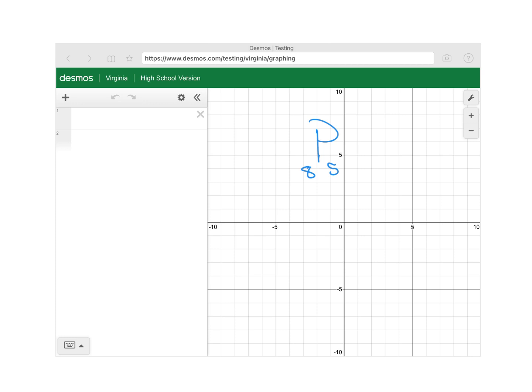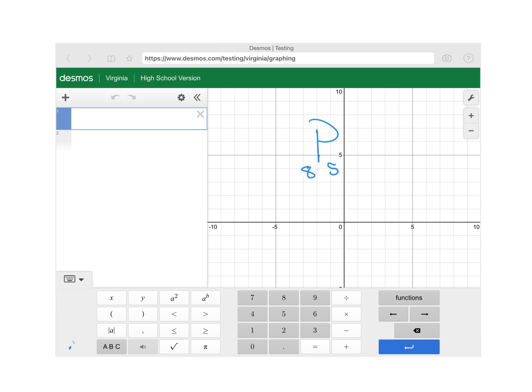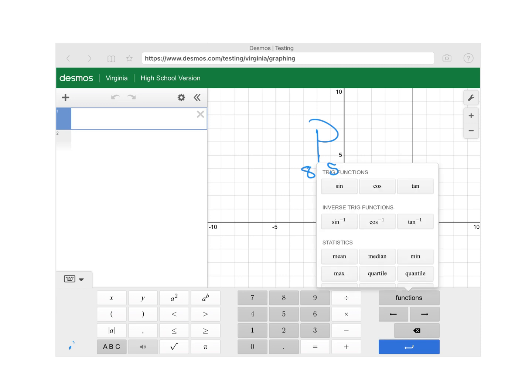All right, I'm going to show you how to do a permutation on Desmos. So we are going to look at our keyboard, and we are going to go to Functions.